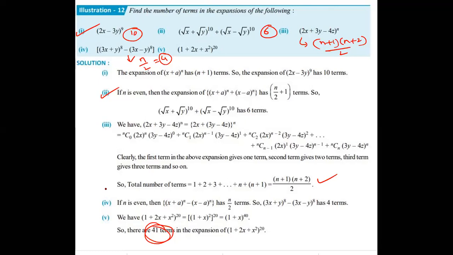How shall I proceed? Yes, students. Still anyone writing? Thank you, Pawan. I'm proceeding.